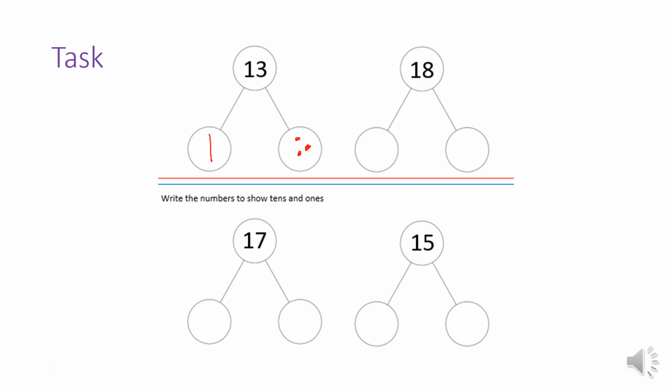So for 17, in the first circle, I'm going to write my 10 to represent the tens. And in the second circle, I'm going to write my 7 to represent the ones in the number 17. Now, make sure that your numbers are all facing the right way and that you're forming them correctly.